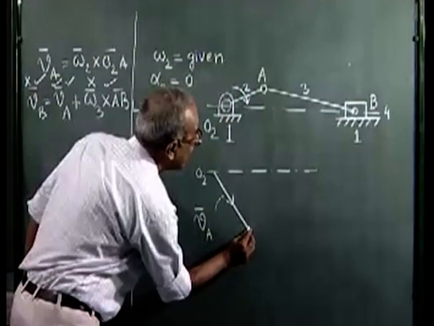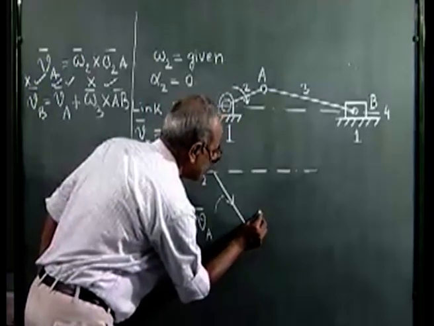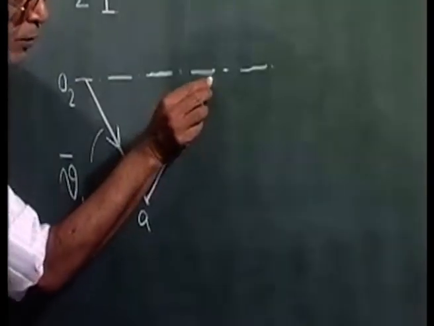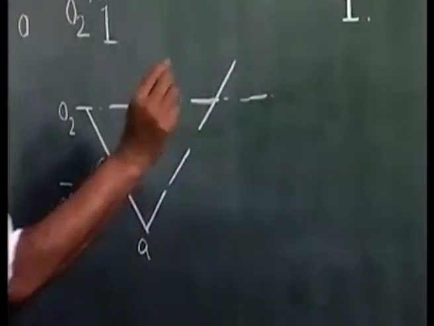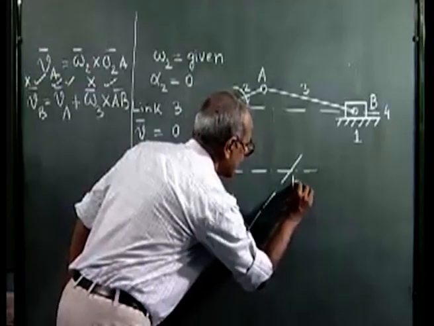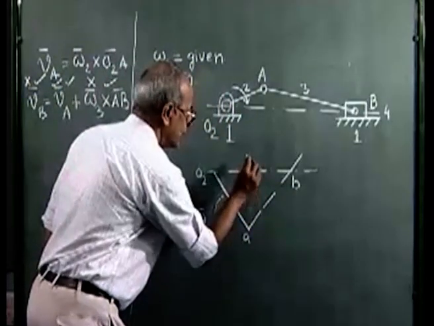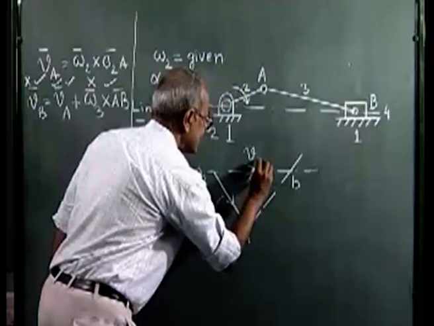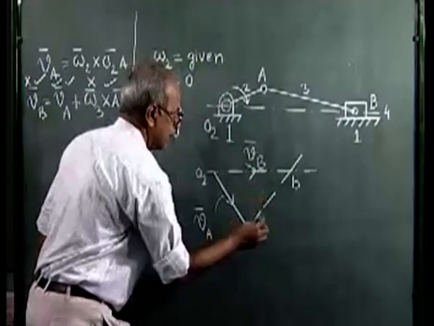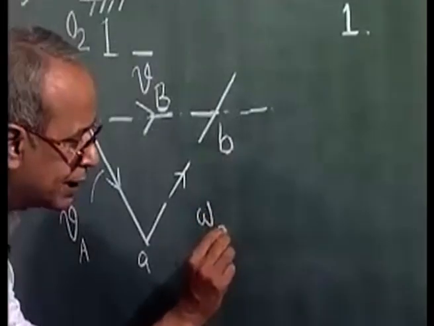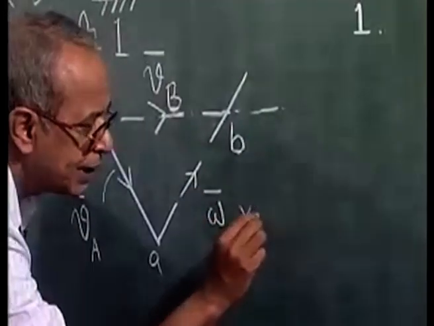So through a I draw a line which is perpendicular to capital AB. And these two lines intersect at the point b. So this vector o2b represents the velocity of the point B, and this vector ab represents omega 3 cross AB.